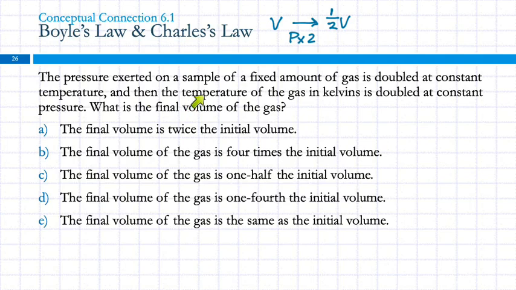Then it says the temperature in kelvins is doubled. Well, when I increase the temperature, does the gas expand or contract? It expands. So if I've got the temperature times 2, that will multiply the volume times 2. And so I've got 2 times that 1/2 volume, and I'm back to my original volume.